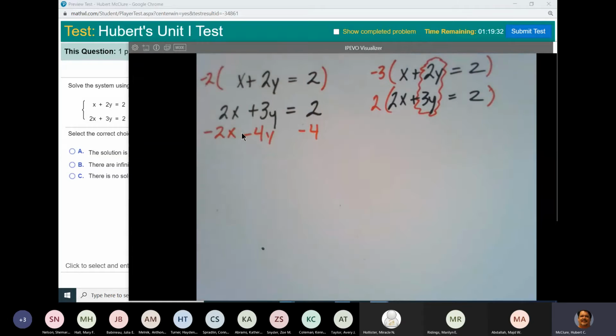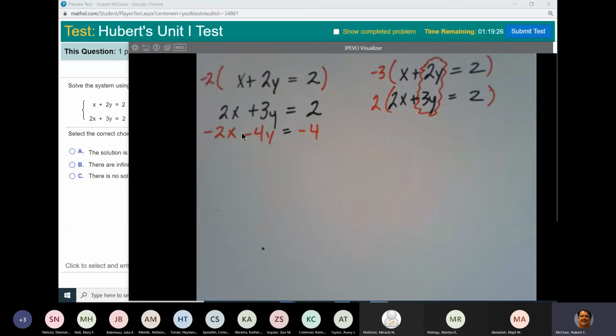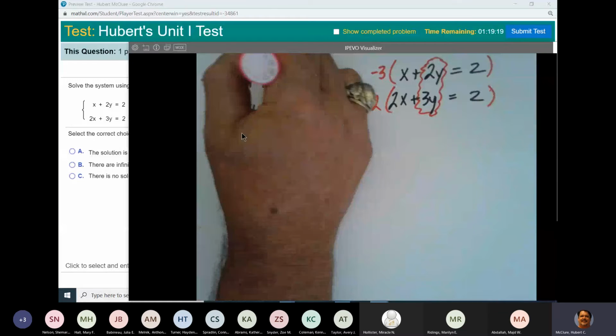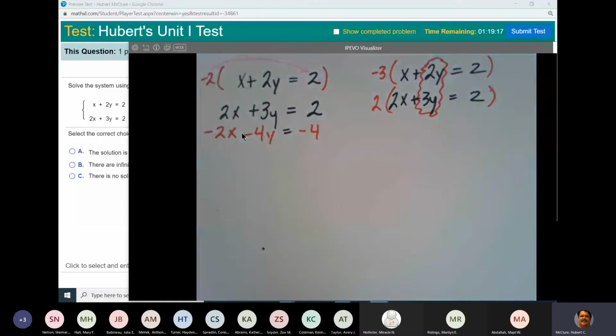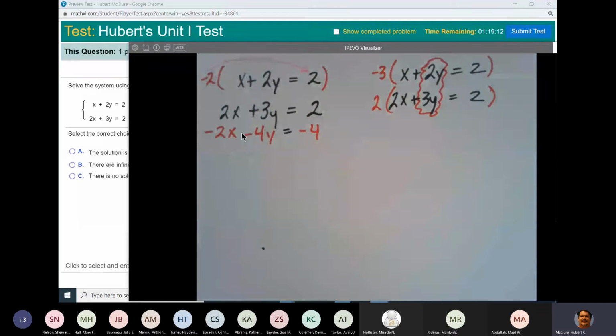What's the most common mistake students make on this problem? Anybody want to take a guess? They forget to multiply by that number right there, and they put a 2 right here. That's the most common mistake students make.